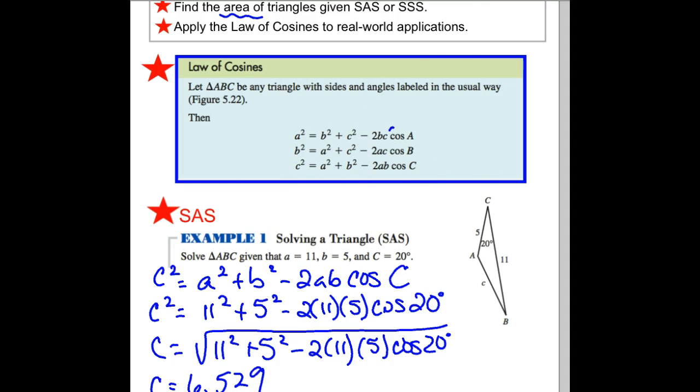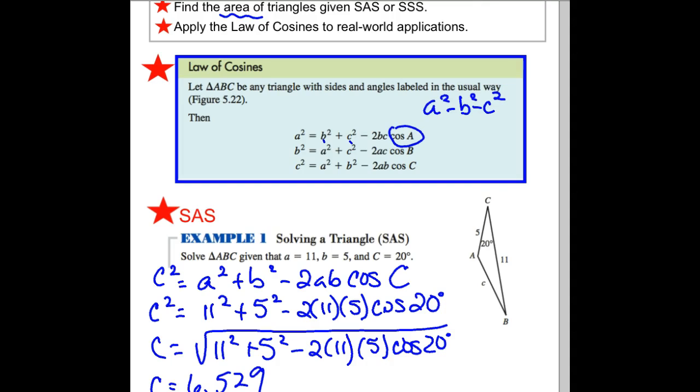If we wanted to get cosine of A by itself, what would we need to do? Okay, so we need to subtract that B squared and C squared piece. Okay, so let's do that first. We're going to have A squared minus B squared minus C squared. That would then equal negative 2BC cosine A if we got rid of the B squared, C squared.